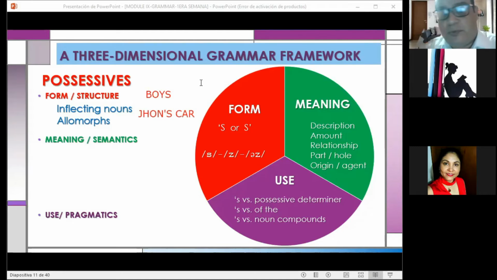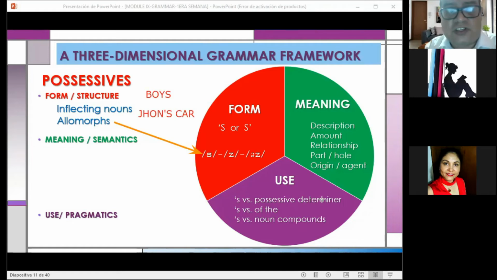And here we are producing allomorphs. So these are called allomorphs, different ways to produce this morpheme. And these allomorphs are related to the phonological aspect of the language. Why do we change the sound here? Why do we produce the sound Z instead of S? Because of the vibration.